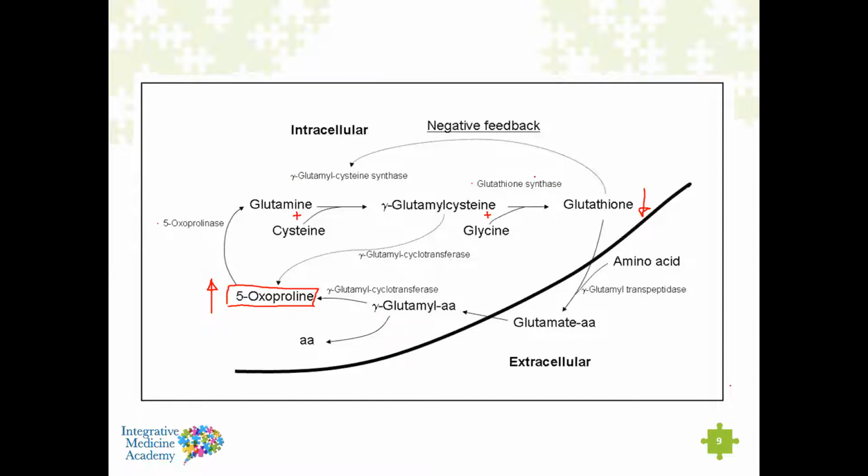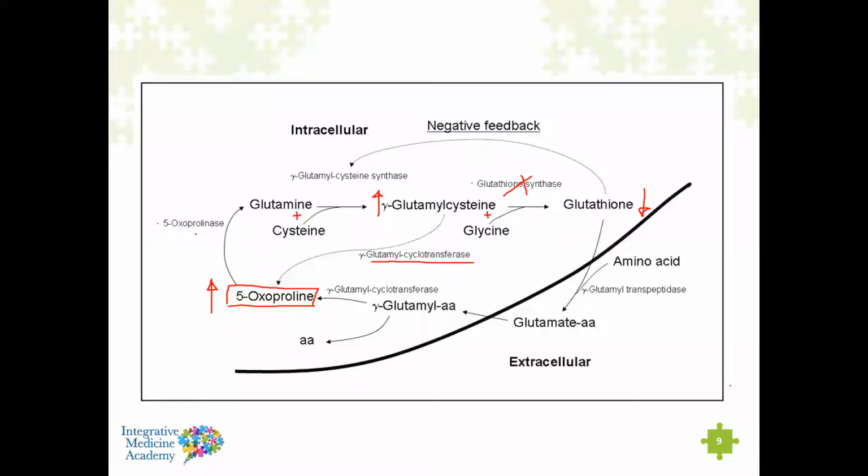If there is some kind of a defect in the glutathione synthase, that can cause the gamma-glutamyl cysteine to build up, and it'll get reconverted back to pyroglutamic under the direction of gamma-glutamyl cyclotransferase. So that could be one reason that you see high levels of pyroglutamic.